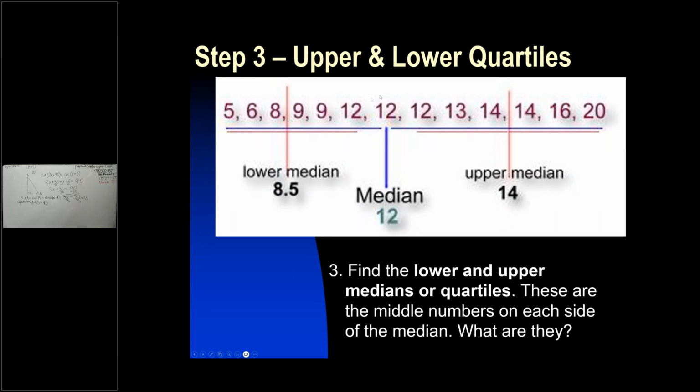You know how to find a median. This is the median. Since we have 6 numbers, the median is between these two. 8 plus 9 divided by 2 is 8.5, which we name the lower median. And it is the same on the right part. The upper median is 14.